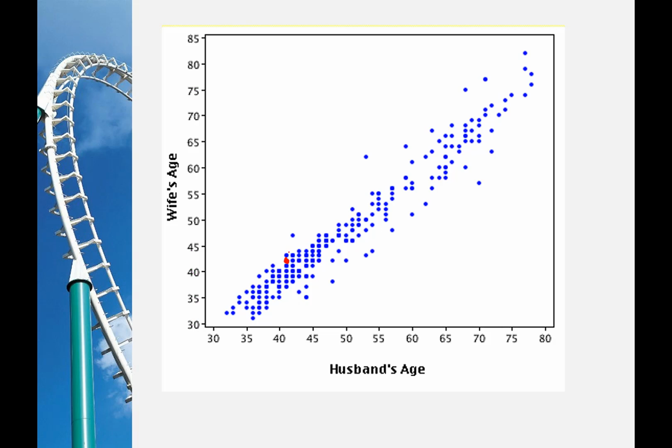What kind of relationship are we seeing? Linear relationship. Why is it a linear relationship?